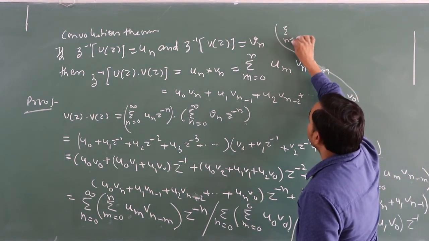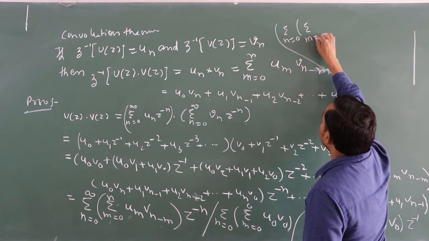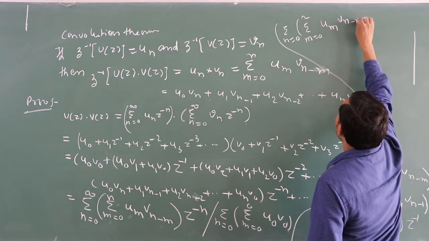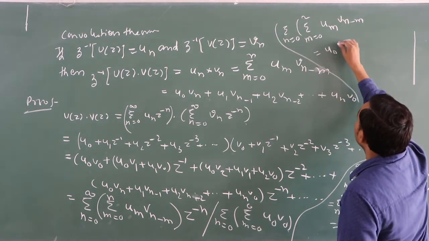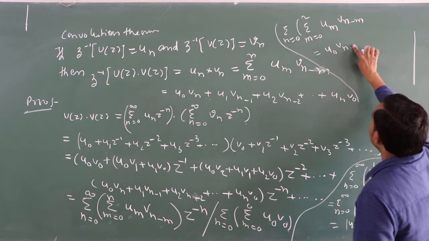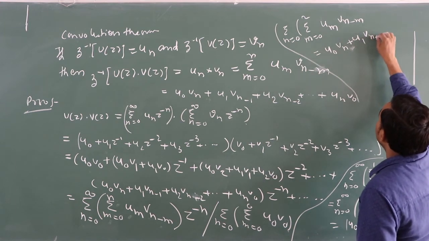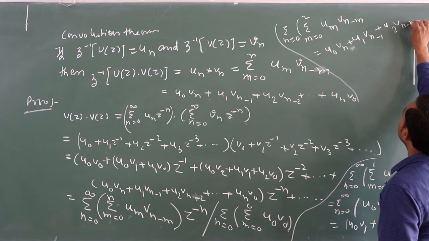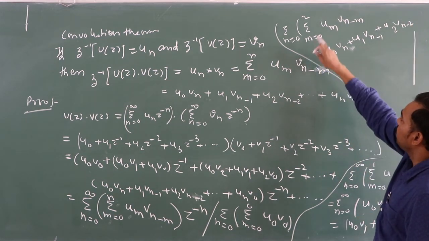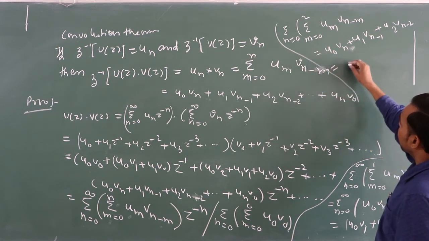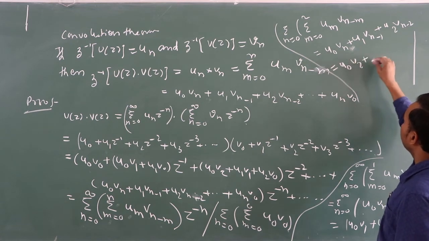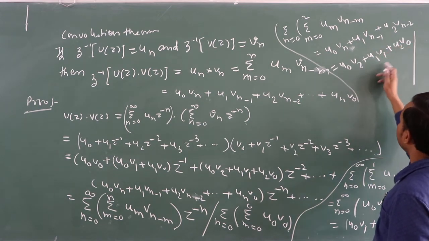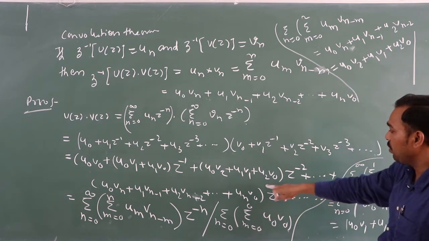Here n equal to 2 and m goes from 0 to 2, so u_m v_(n minus m) gives u0 v2 plus u1 v1 plus u2 v0, which is the coefficient of z to the power minus 2.